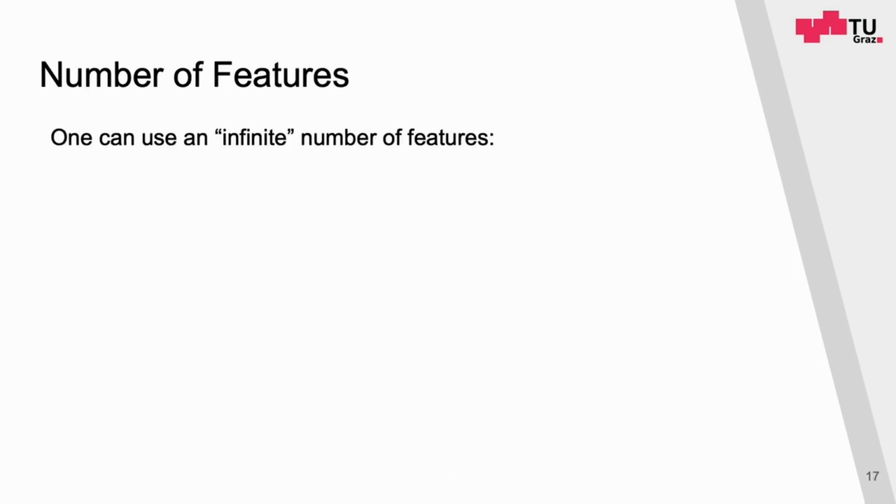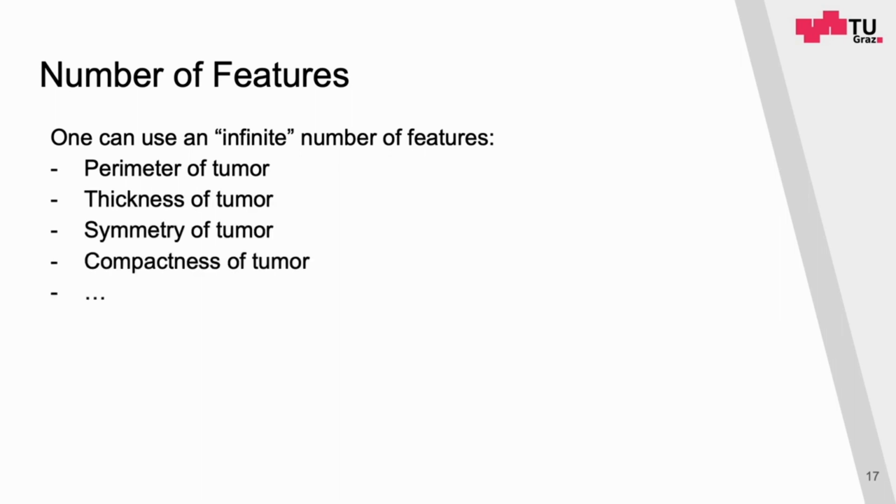So if we look at the number of features, or dimensions, we can use in order to make a prediction, we can use, for example, the perimeter of a tumor, the thickness of a tumor, the symmetry of a tumor, and the compactness of a tumor, and so on. So we can use a lot of features there.